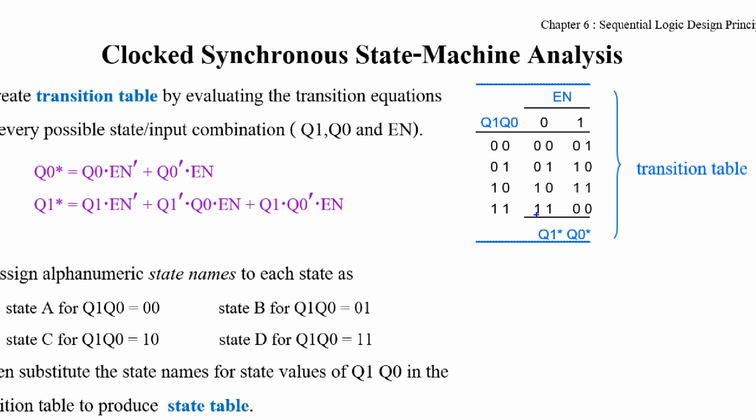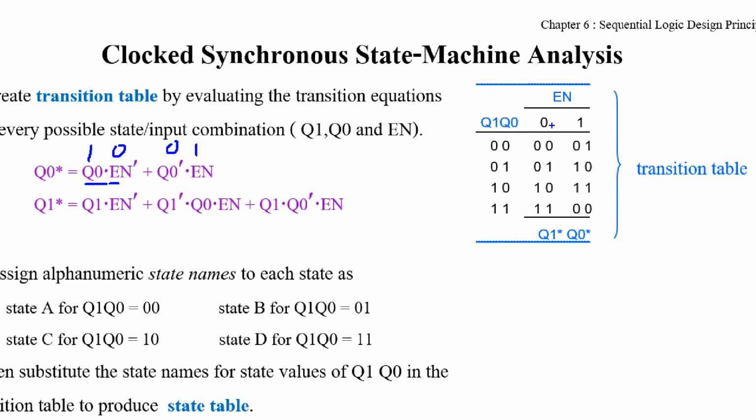To complete this table faster, you may consider that this equation is a sum of products, right? So you may consider the condition when this term will be 1. This expression will be 1 when Q0 is 1 and En is 0, or Q0 is 0 and En is 1.